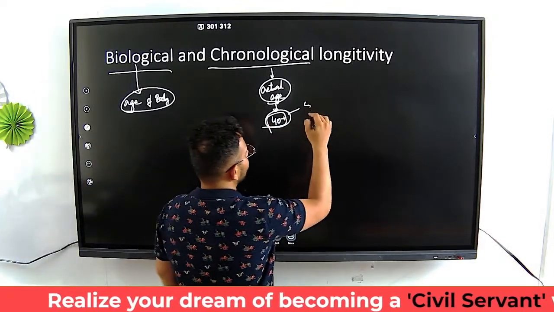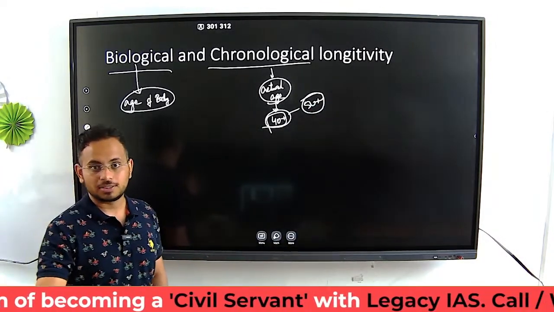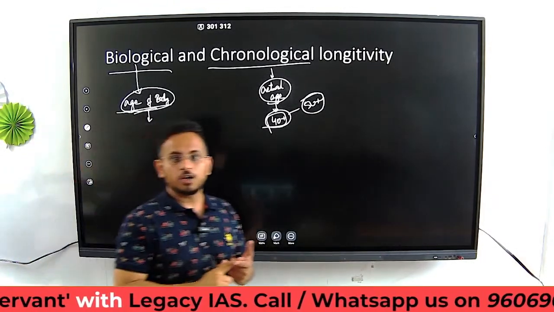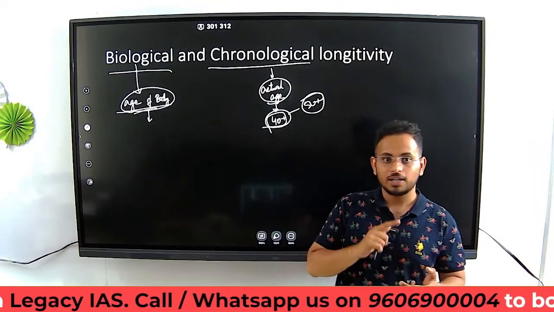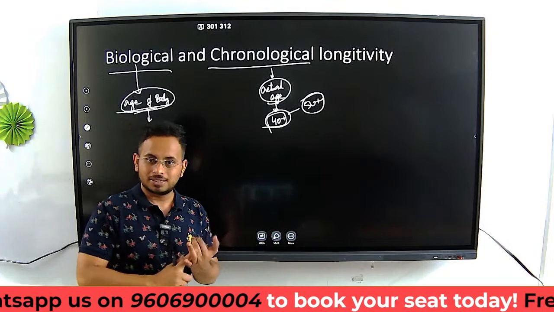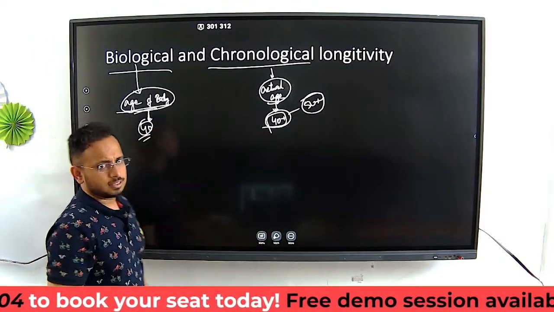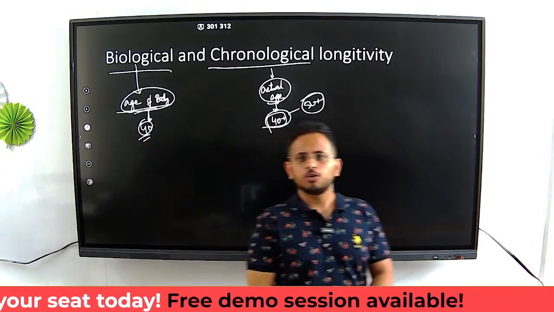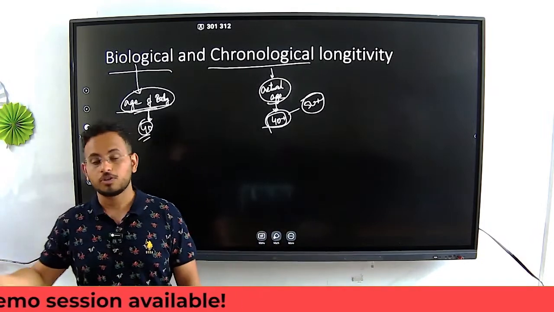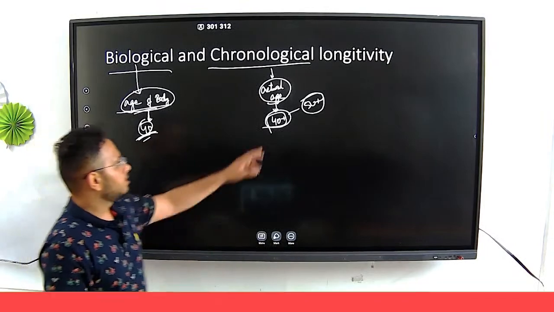Though the age is 50 plus, because they have taken care of their exercise, because they have taken care of their diet, because they are not addicted to any toxins, their biological age is somewhere around 40s. That's the reason why even Akshay Kumar, even after crossing 50s, is able to do 3 or 4 films every year. So this is called biological age, and this is called chronological age.